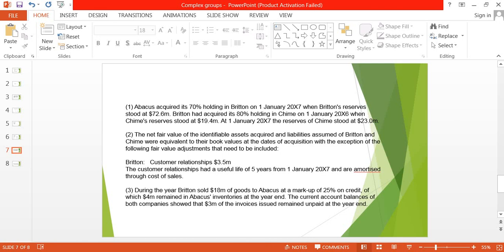I hope you still remember how to use markup. Markup simply means that your cost will be at 100%, your selling price will be 100% plus whatever markup. So to determine the unrealized profit to be 25% divided by 125 times 4 million, the goods which are still in stock.